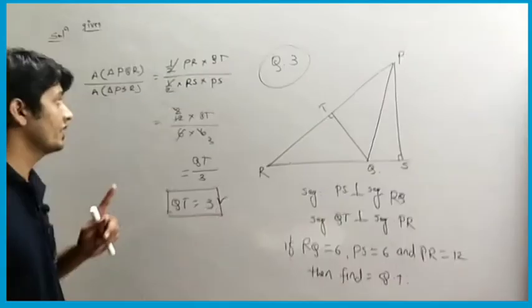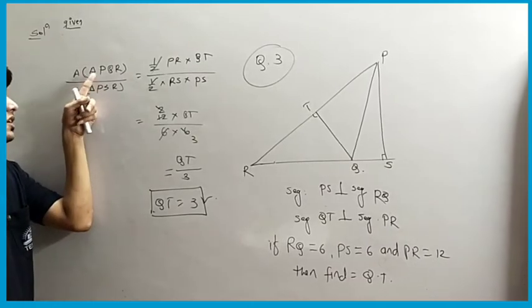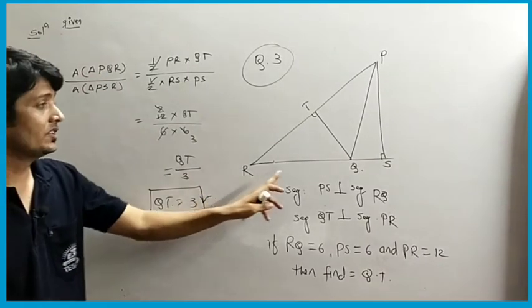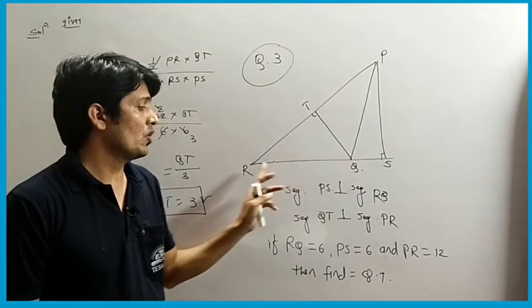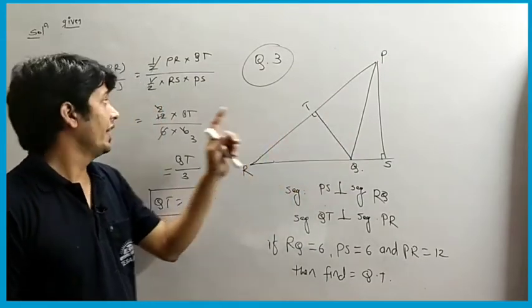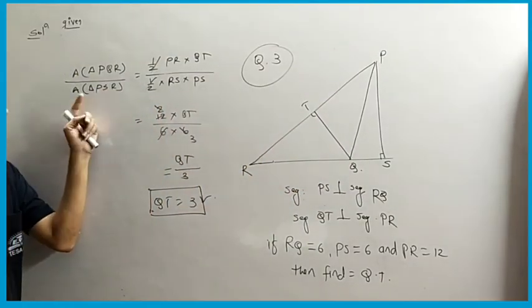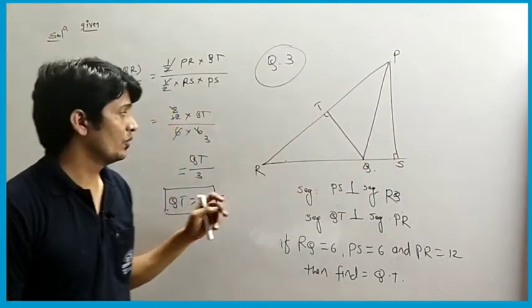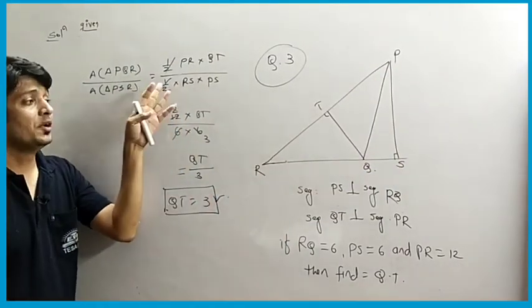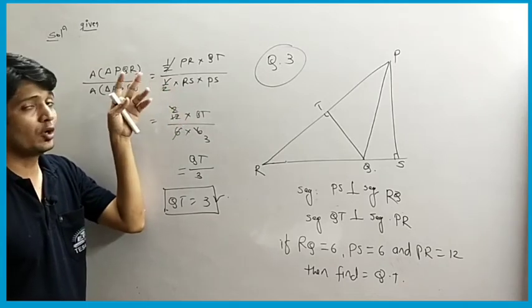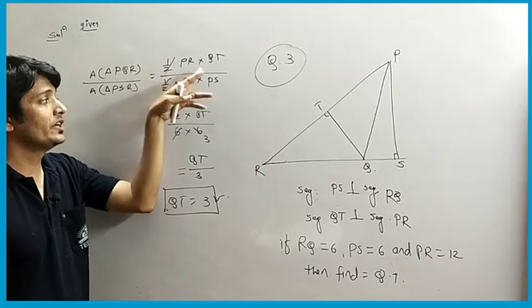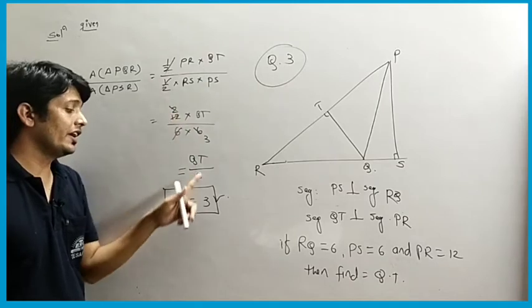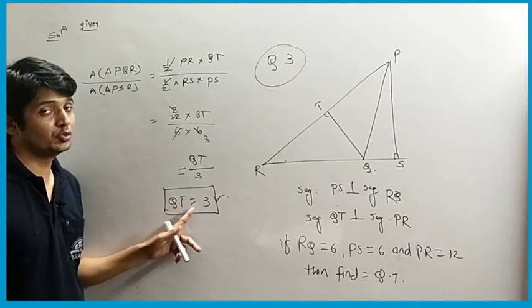So you have to check the relation between triangle PQR and triangle PSR. Okay, so if you put the values in the formula of half into base into height and solve, you will get QT equals 3.